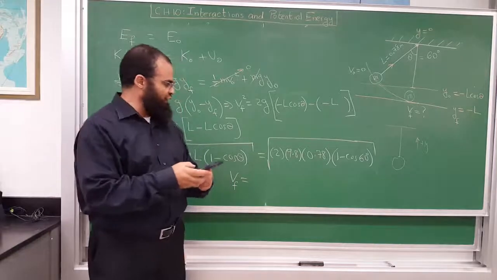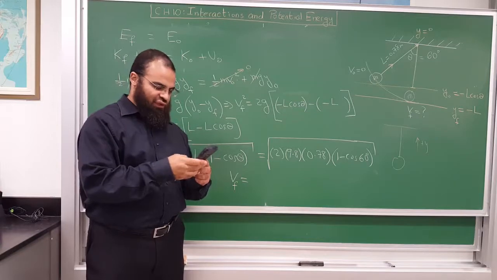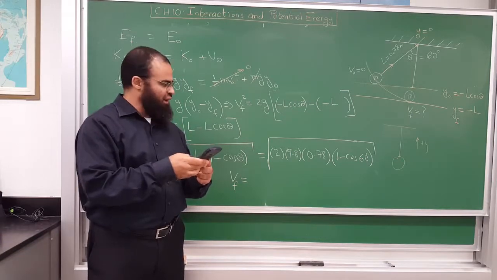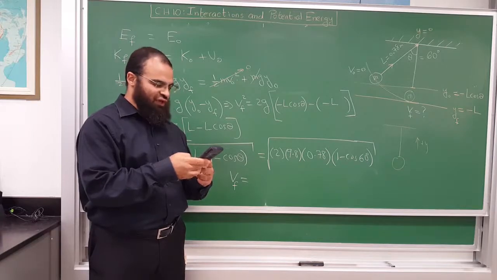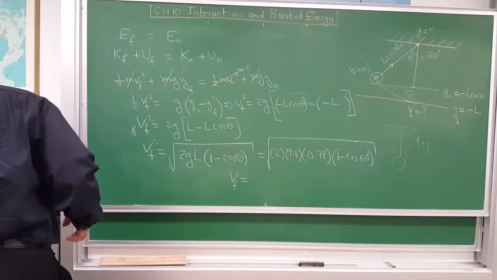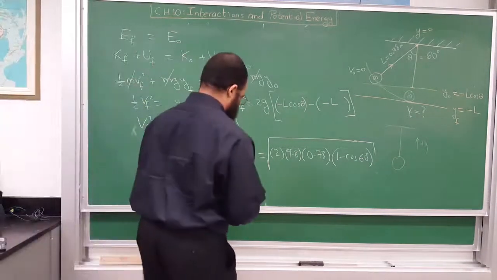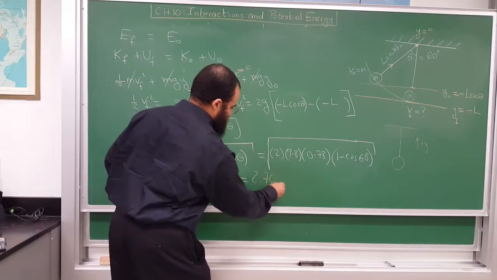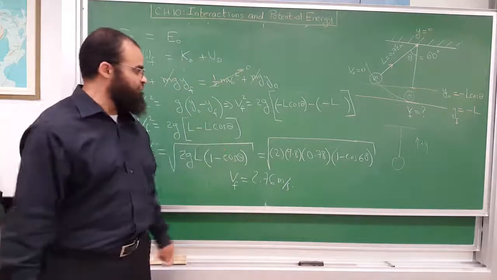So you have V final will be 2 times 9.8 times 0.78, and then cosine of 60 is 1/2, so 1 minus a half is a half, so multiply by a half. And then you have to take the square root. So I get about 2.76 meters per second. So that is this one.